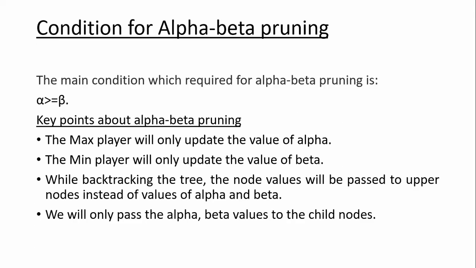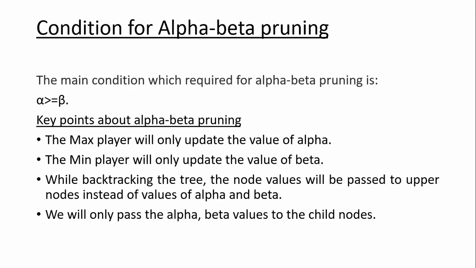If you get a little confused about these two points, don't be confused, I will explain clearly. When applying backtracking, you consider only node values, but when passing values to the child nodes, you consider the alpha beta values. I will explain when we are solving the problem.